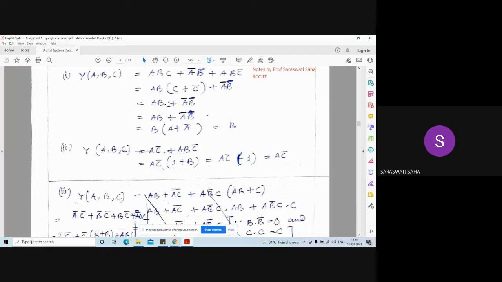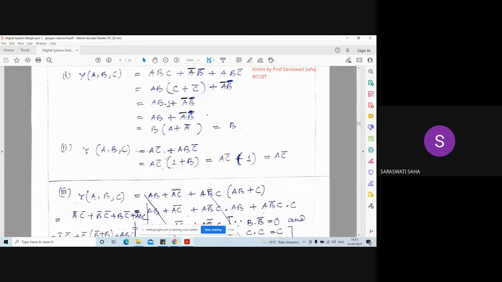This is not the best way. There are various ways to reduce the Boolean expression. But this way, we solve the equation by using the Boolean laws, Boolean rules, and De Morgan's theorem.